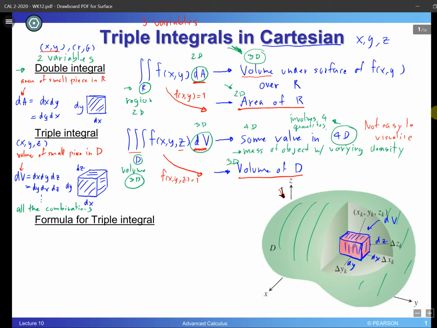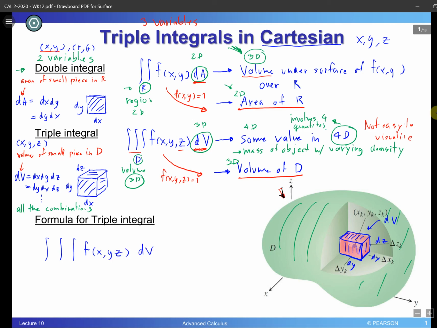As you expect, it's going to have the integration sign 3 times, and you are going to perform this on a multivariable function with 3 variables, x, y, and z, and of course you have this dV.